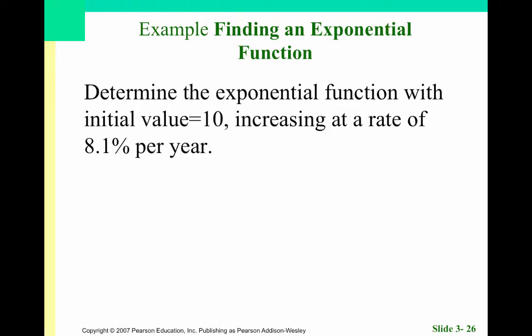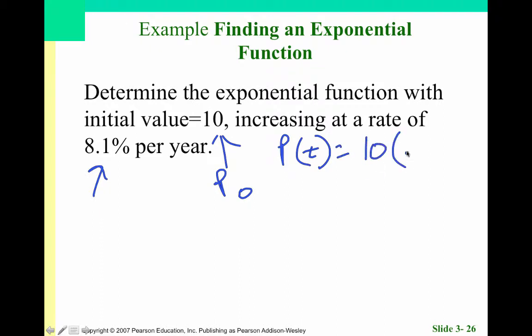Determine the exponential function with an initial value of 10. There's our initial value, and we have the rate of 8.1%. So we'll have P of t is equal to the initial value times 1 plus 0.081 to the t.